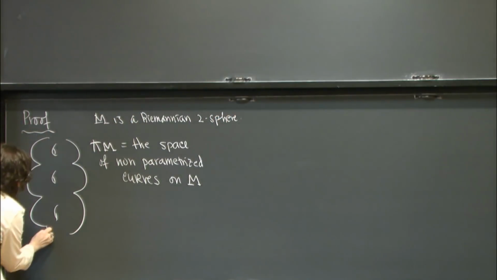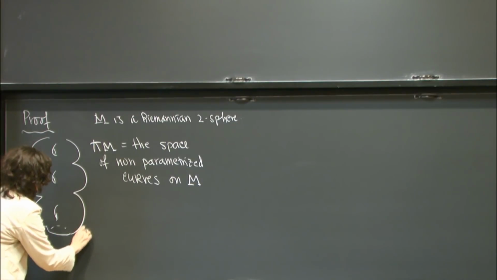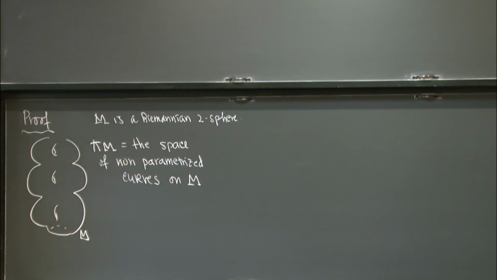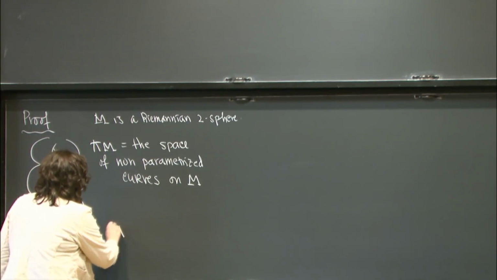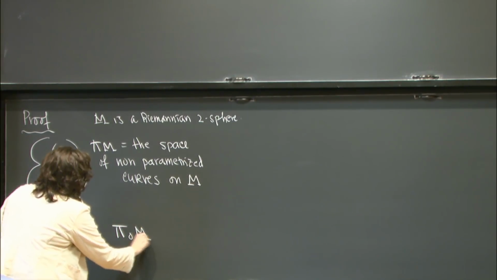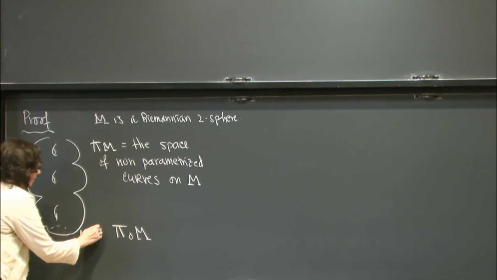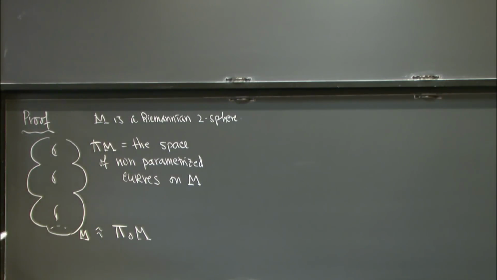Now here, this is M sitting inside this pi of M. And well, one can also denote it as pi 0 M. This is just the space of constant curves.